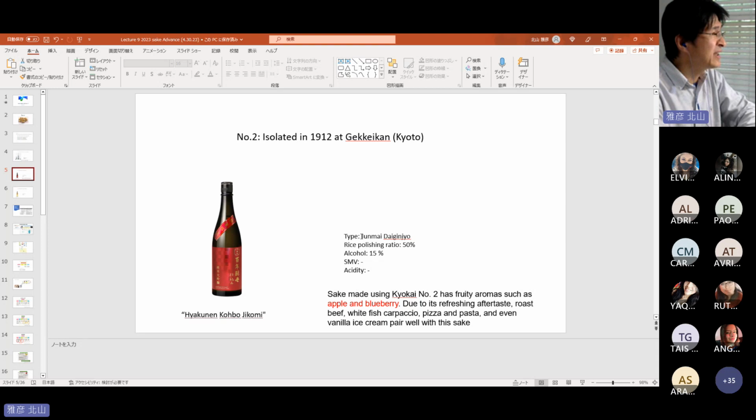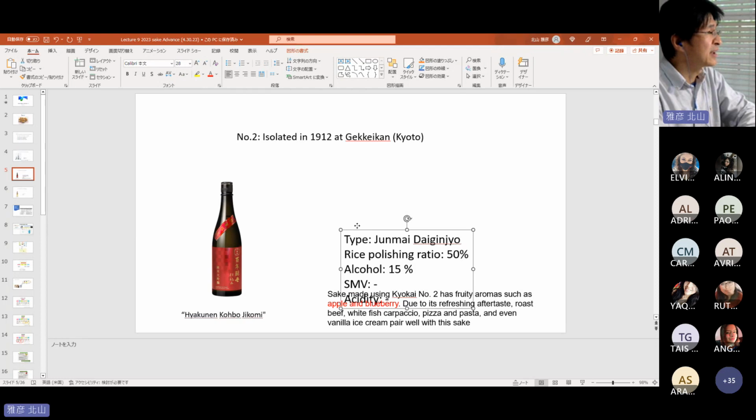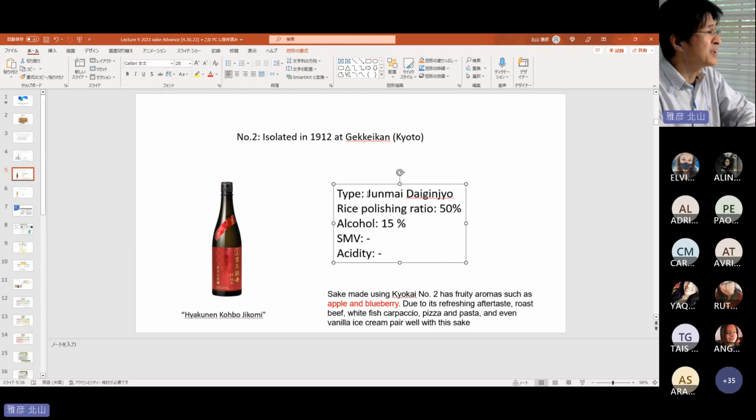They claim Junmai, which means pure rice. So this sake is a Junmai, with no additional distilled alcohol. Daiginjo means this sake was produced with rice grain polished to less than 50%.